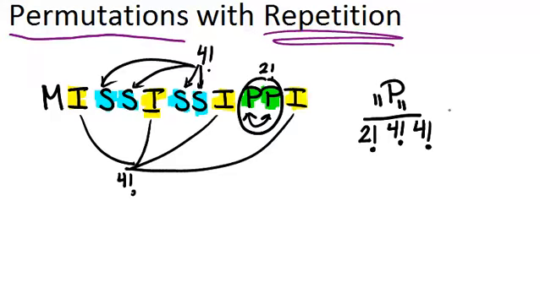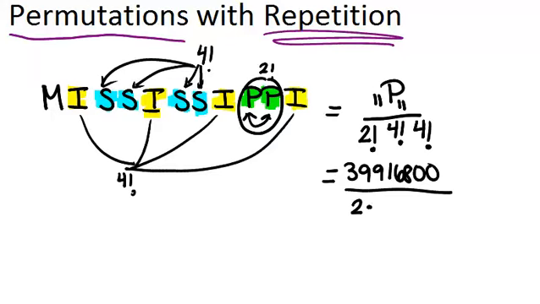So to do this, one way would be to write out 11P11 as multiplication, so that we can start canceling things. You could also use your calculator to do all of these calculations as well. So I'm just going to use the calculator, and 11P11 is a big number, 39,916,800, and we're dividing that by 2, because 2 factorial means 2 times 1, and then 4 factorial, which is 4 times 3 times 2 times 1, which is 24, and then dividing by 24 again.